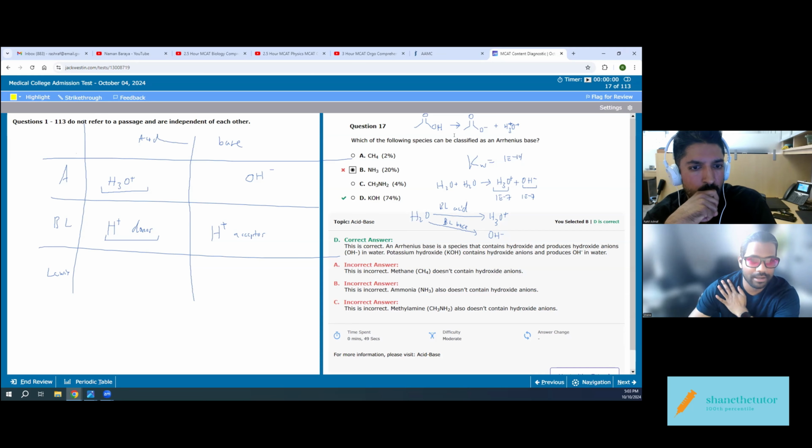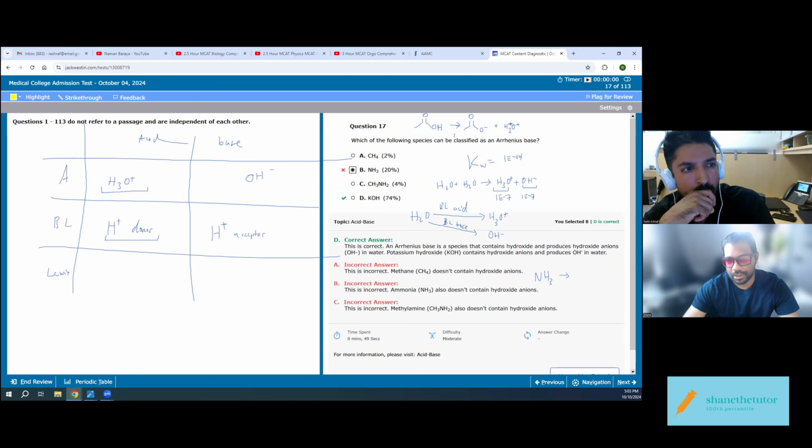But what if we had something else, like, for instance, ammonia, right? If we added an acid to it, a Bronsted-Lowry acid, the Bronsted-Lowry acid will donate a proton to the ammonia, which would then create the ammonium molecule here, right?